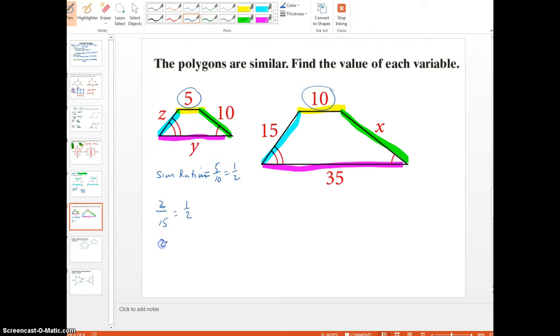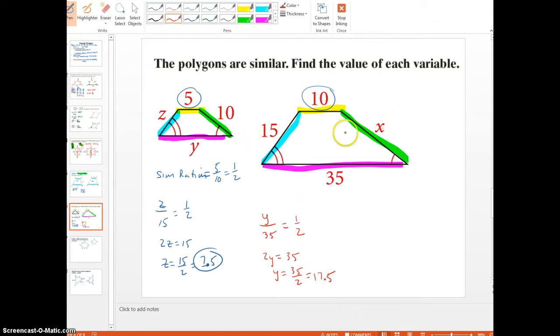When I cross multiply, 2z equals 15. z equals 15 halves, or 7.5. If I want to find y, I know y corresponds to 35, equals 1 to 2. So 2y equals 35. y equals 35 over 2, which is 17.5.